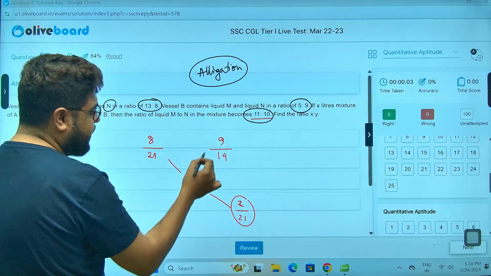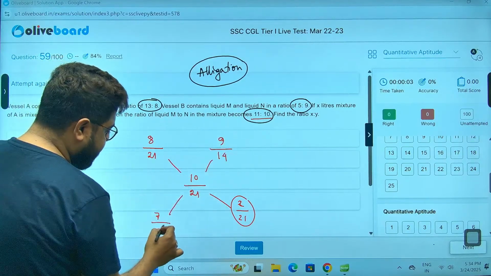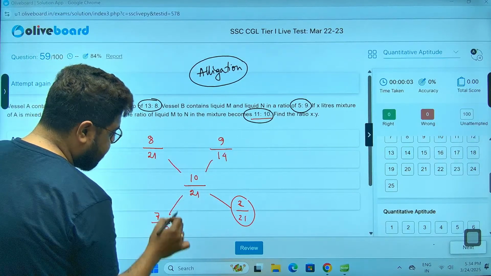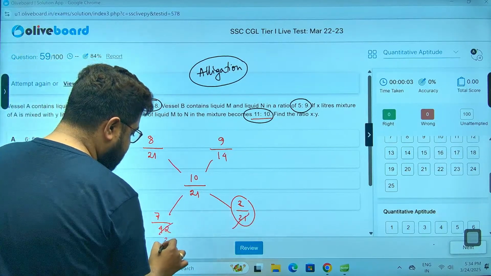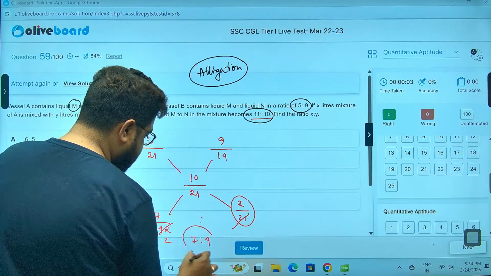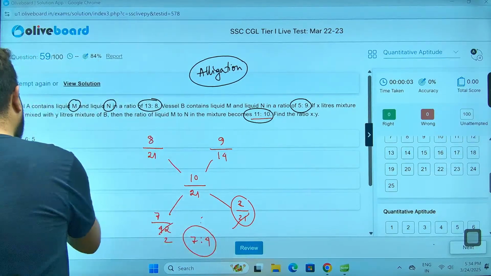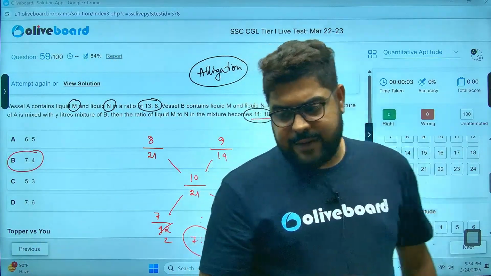So this is 20 and this is 7 divided by 42, which is 21 and 21. This is 2. And so this will become 7:4. 7:4, sir, that is our answer.